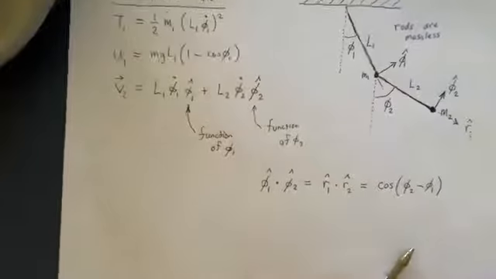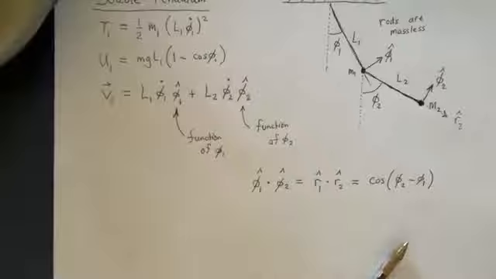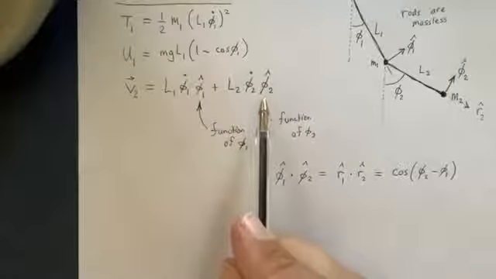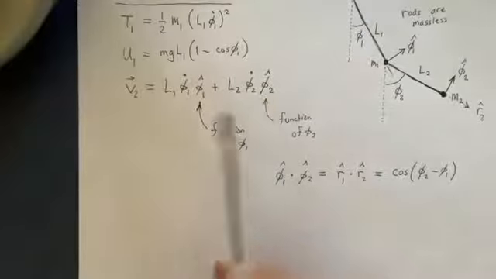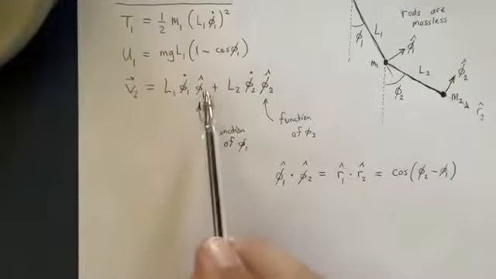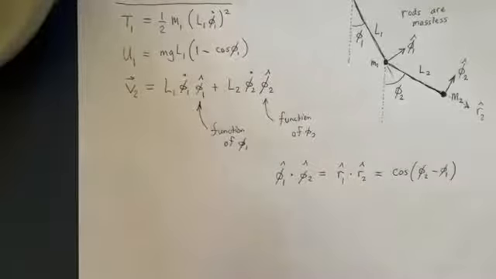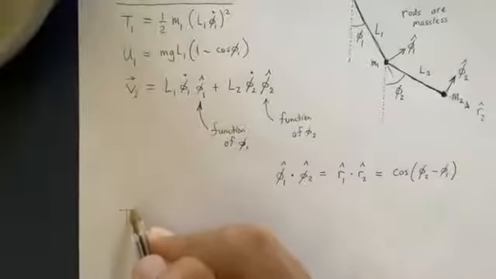Okay, and that's just the angle between them. So cosine of phi 2 minus phi 1. Okay, so in summary, we can work out, if you square this vector to get the speed squared, obviously there's a term where you dot this into itself. That's very easy because a unit vector dotted into itself is just 1. Okay, in summary, we got the T2.